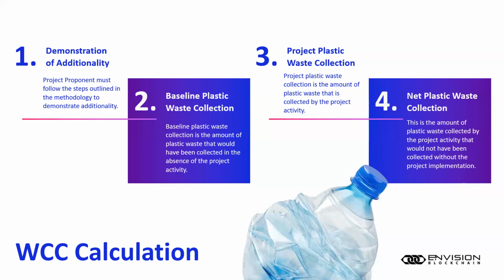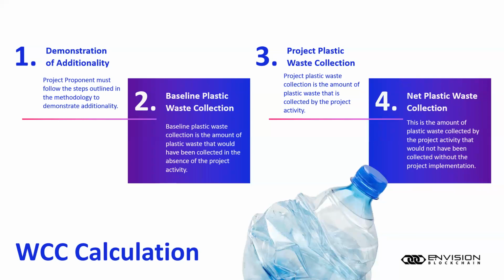Two is the baseline plastic waste collection. So baseline plastic waste collection is the amount of plastic waste that would have been collected in the absence of the project activity. There's an equation for that included in our policy and can be used to find the net plastic waste collection there.